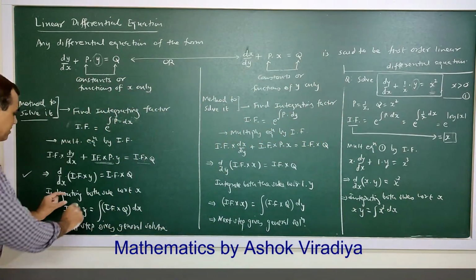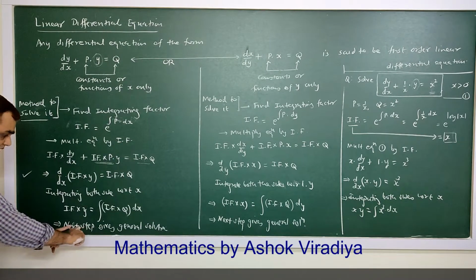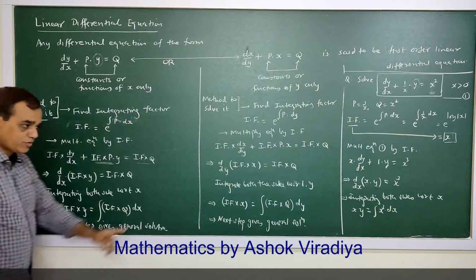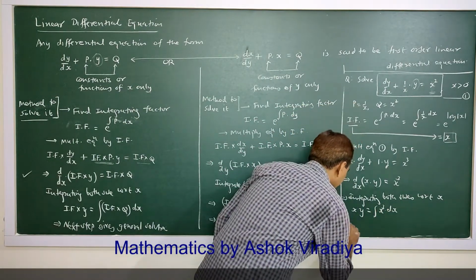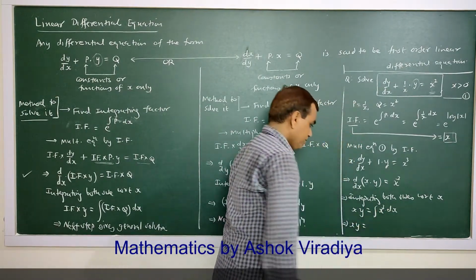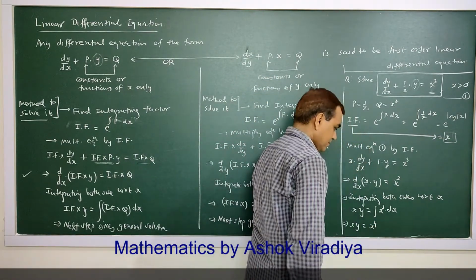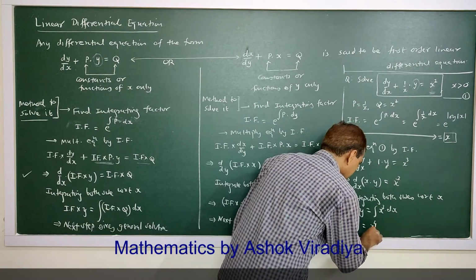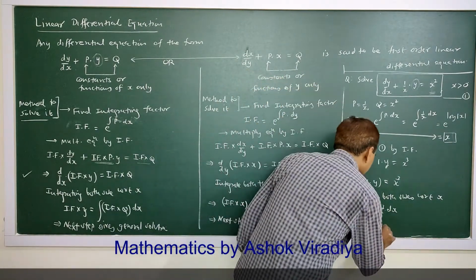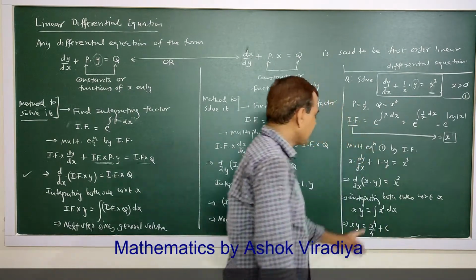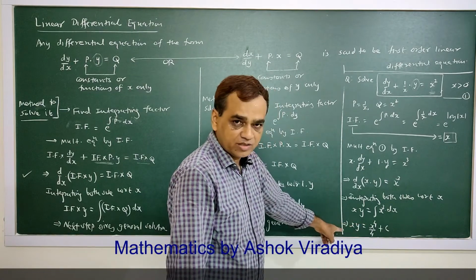So that is this step. Now next step gives the general solution. So we put the value of RHS. So it is xy equal to x raised to 4 by 4, since integral of x cube is x raised to 4 by 4, plus c, where c is an arbitrary constant. So it is the general solution.